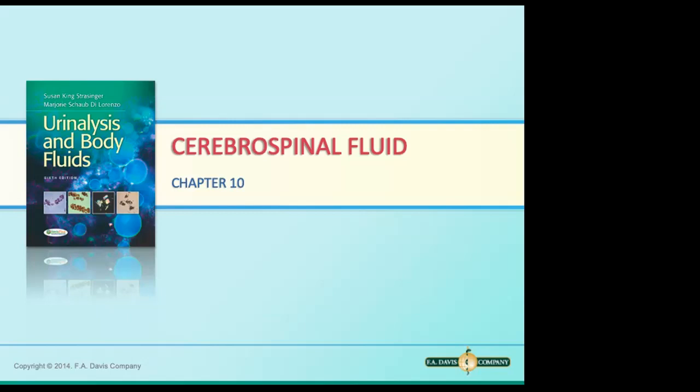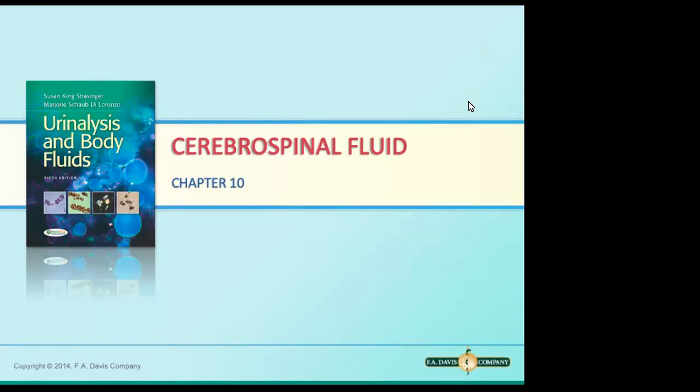The pictures here are really nice, so I would definitely encourage you, after you're done with this lecture, to go to the textbook and go through it. It's not a very long chapter, but it has a lot of pictures that are really nice and clear, and that's what you're going to need for this particular part of urinalysis.